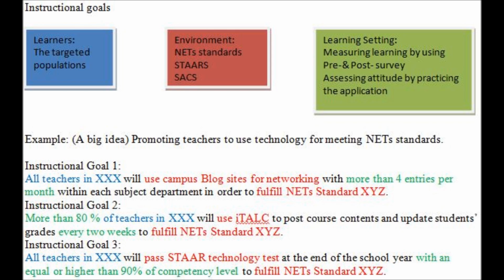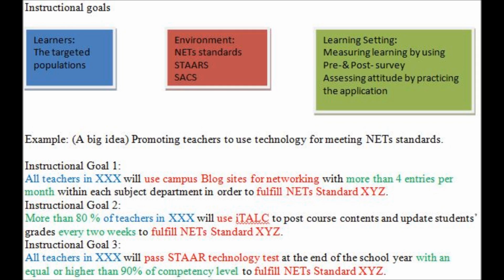So you can read these 3 statements and get an idea. Like the first one, I say all teachers. Then the green box is to be able to measure. So I say we have to have more than 4 entries per month. If the teachers did not enter more than 4 times into the blog site, then it failed.